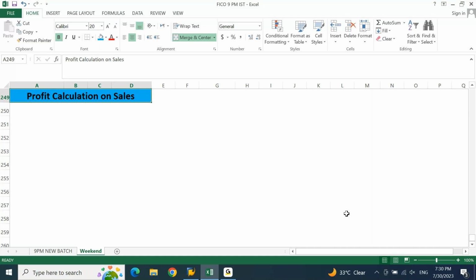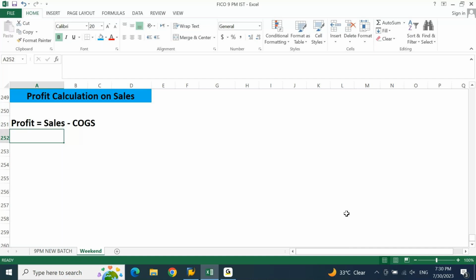So when you wanted to find out the profit, there is a formula for profit. Your profit is equal to sales minus COGS. Sales minus COGS, in short, cost of goods sold, will give you profit.